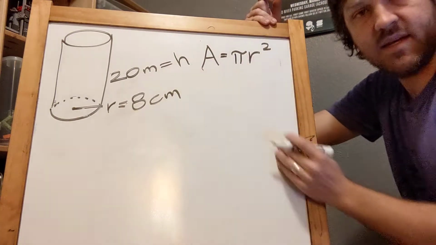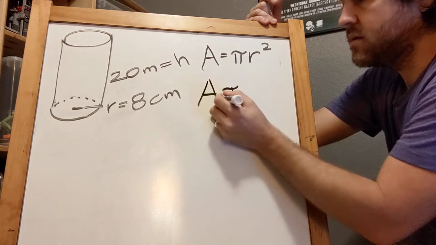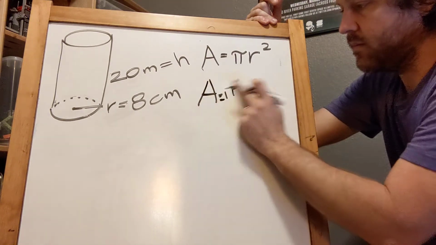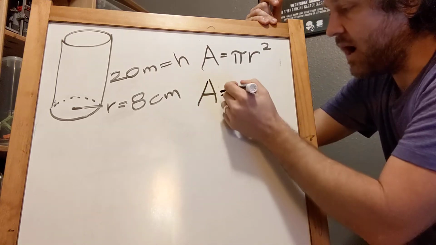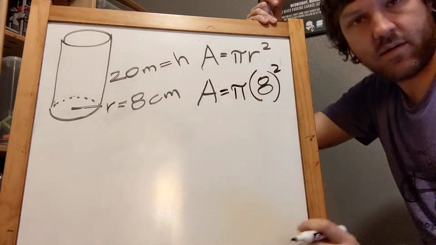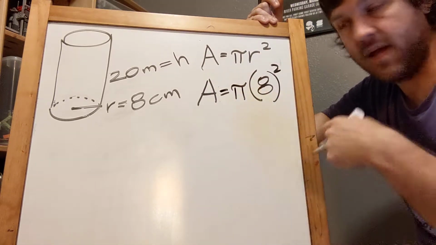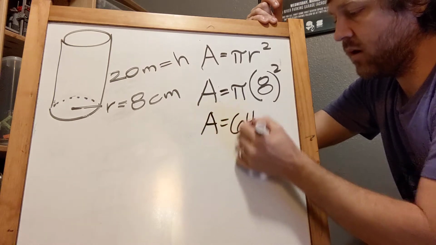So r is 8. Area equals pi times 8 squared. 8 squared means 8 times itself, so then the area is 64 pi.